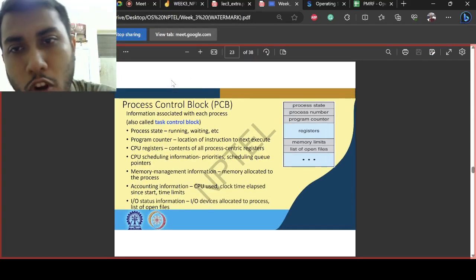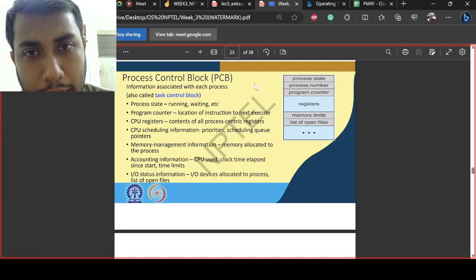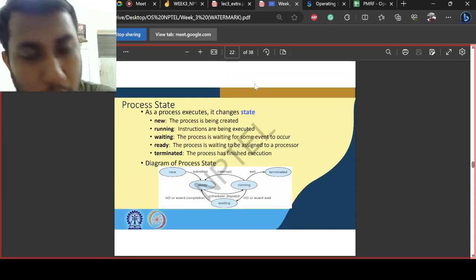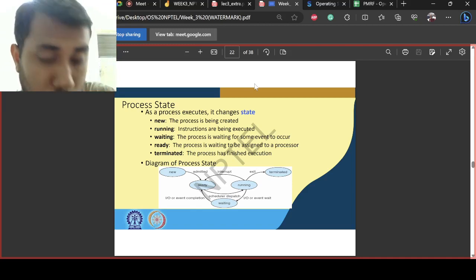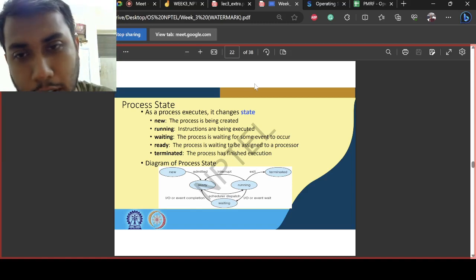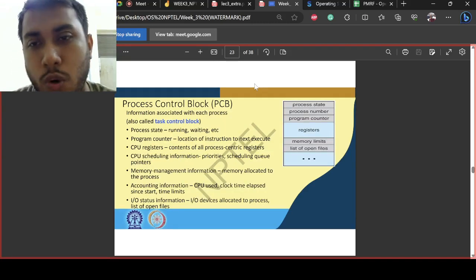There is your process state. Let's recall that state diagram. Typically it also has this kind of process state: in which state it is, ready or running or waiting or terminated or new. That status is stored here.